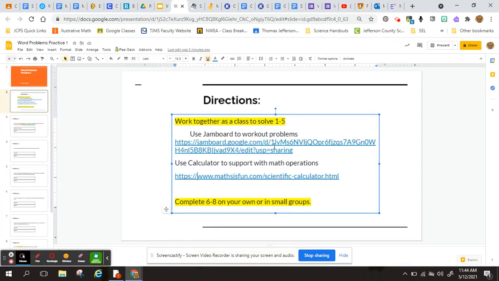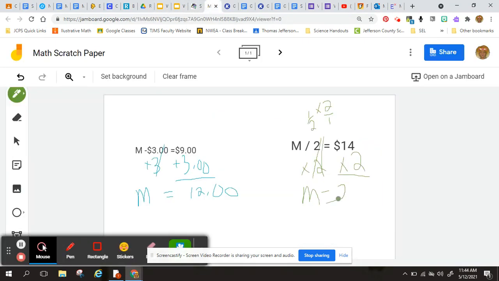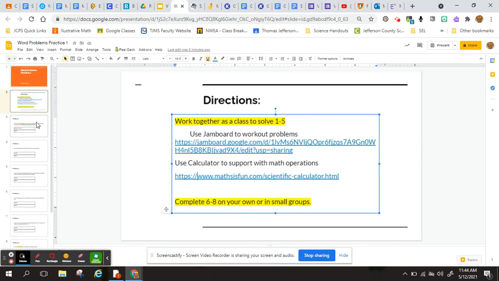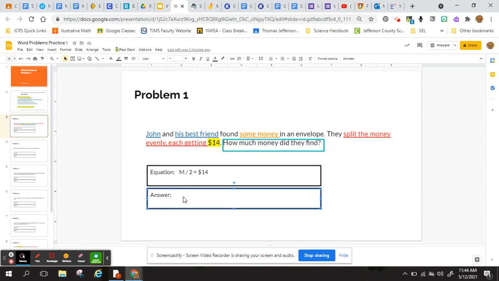On my Jamboard, I want to put M equals 28. Then I'll go back to my Google slide for my problem. And my answer is going to be M equals 28. And that's dollars.